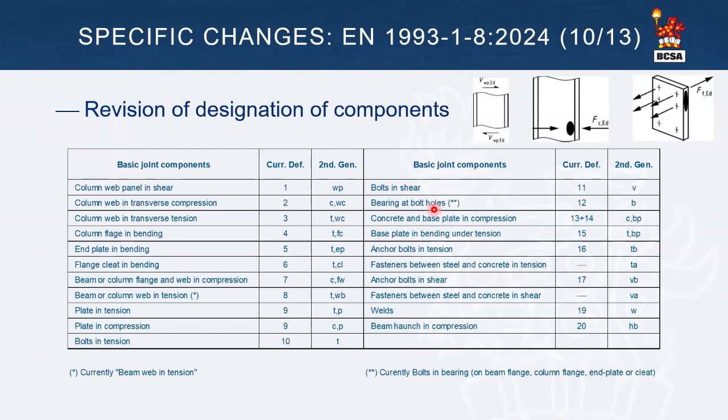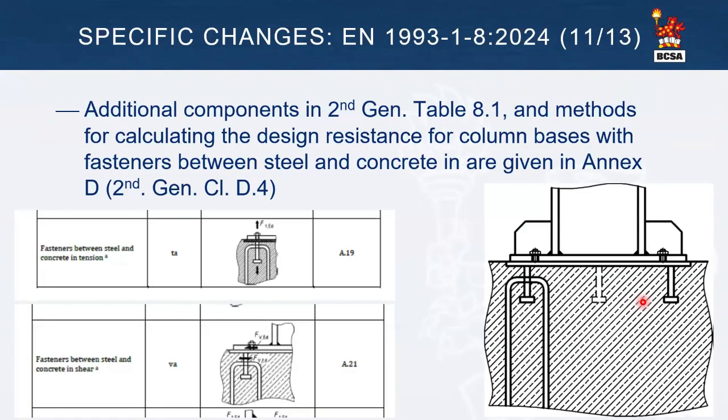2 new components are noted here as well. In line with the new part 4 of Eurocode 2, which deals with the design of fastenings for use in concrete, the code has now added 2 new components: the fasteners between steel and concrete in tension and in shear.